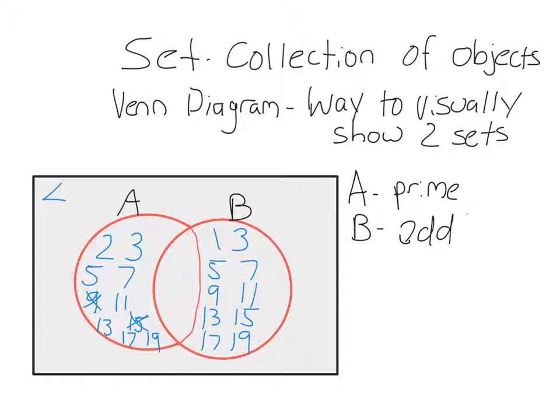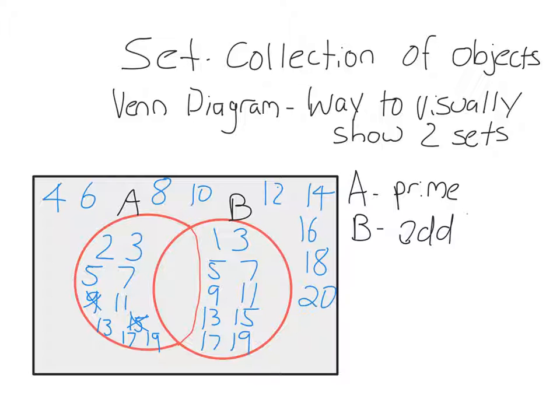So they'd be 4, 6, 8, 10, 12, 14, 16, 18, and because I said less than or equal to 20, I'll include 20. This big black box represents the universe. In this case, the universe is the set of all whole numbers between and including 1 and 20. A and B are just subsets of that.